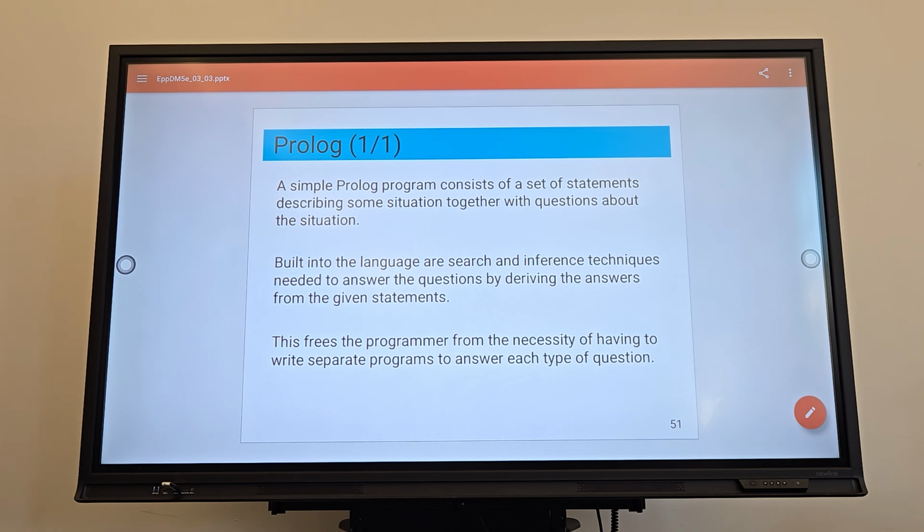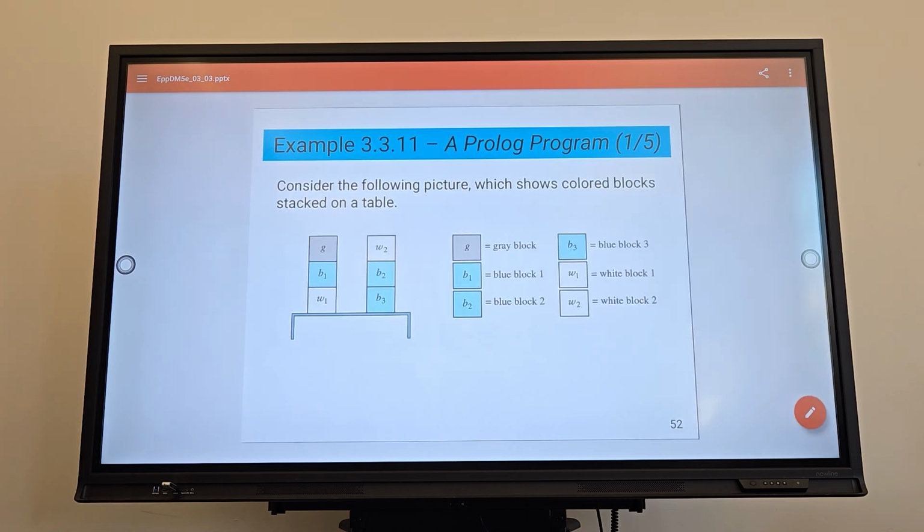This frees the programmer from the necessity of having to write separate programs to answer each type of question. So it's a pretty high level language. You don't write a whole lot of code to get the results that you want.